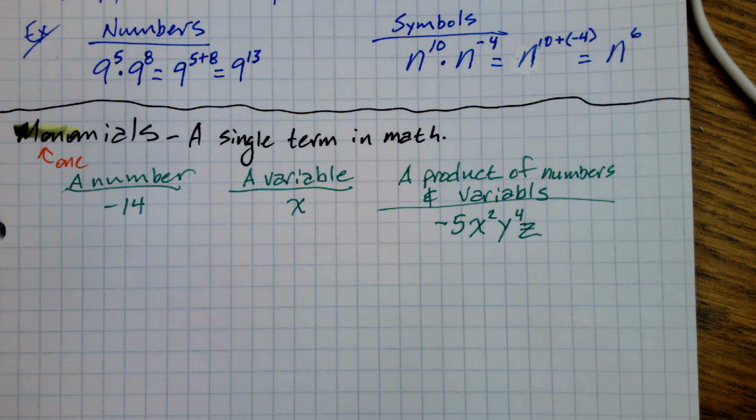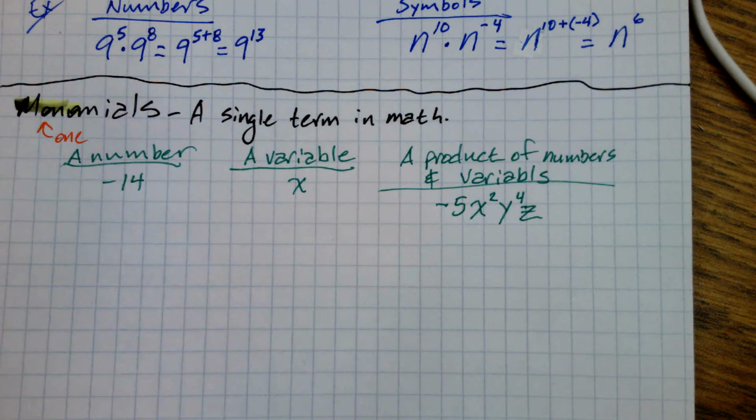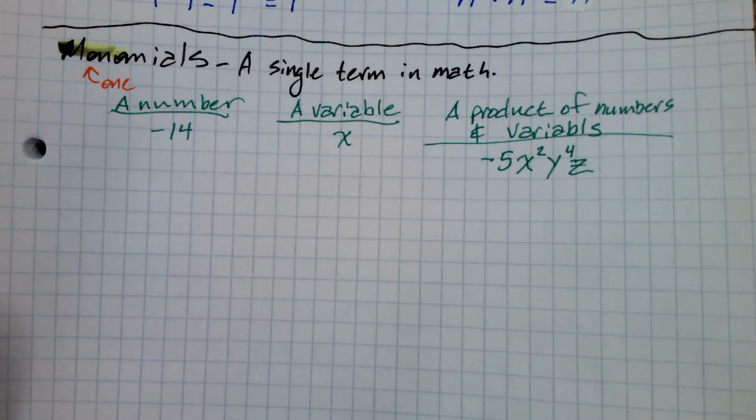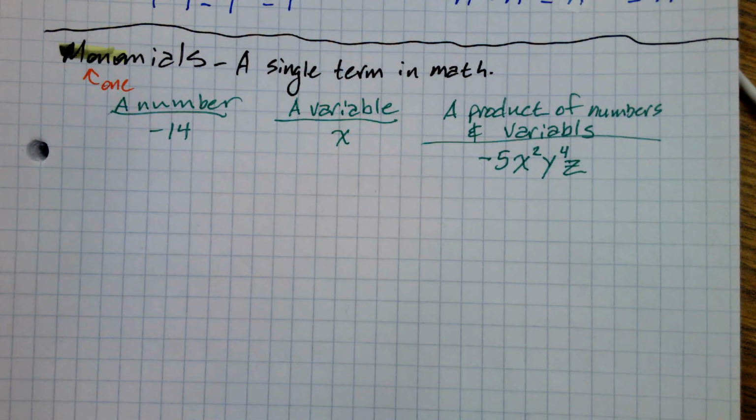But what we're going to do is multiply them, and we're going to use this rule that we just learned about to help us do that. Okay? So you guys ready? We've got monomials, and we're going to multiply them.